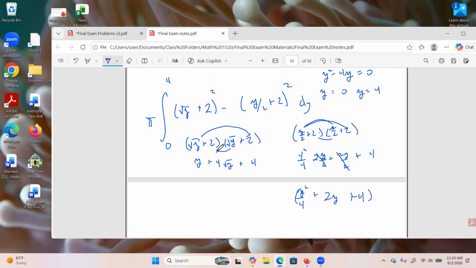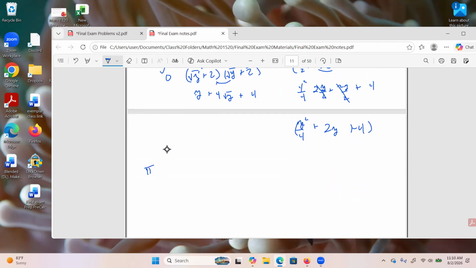Let's plug it back into what we were starting with. So we have pi integral 0 to 4. We have y plus 4 square roots of y plus 4 minus y squared over 4 minus 2y minus 4. Well, that's a little convenient. So these pieces go away.